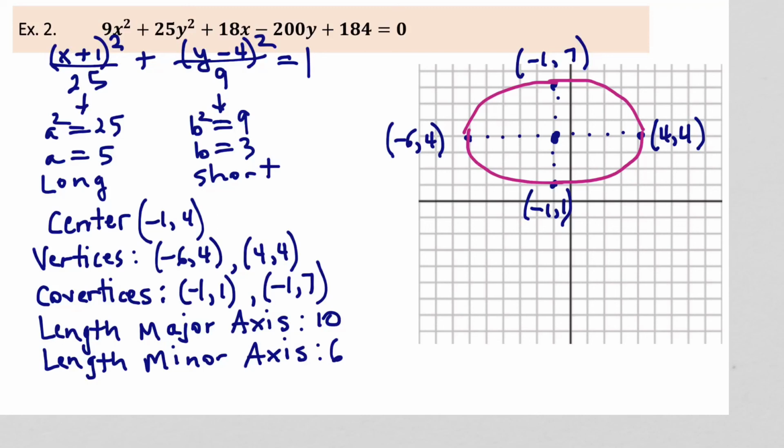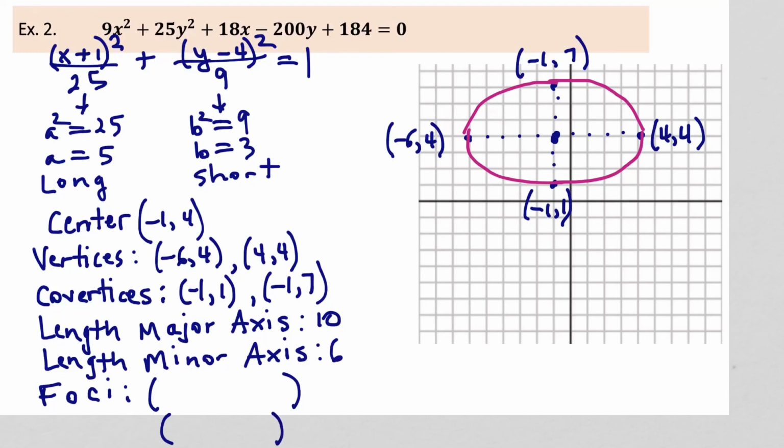Now we expect that my foci are going to be along the major axis, closer to the ends than to the middle. So the last thing we've got to find are the coordinates of the foci. So there'll be 2 foci.